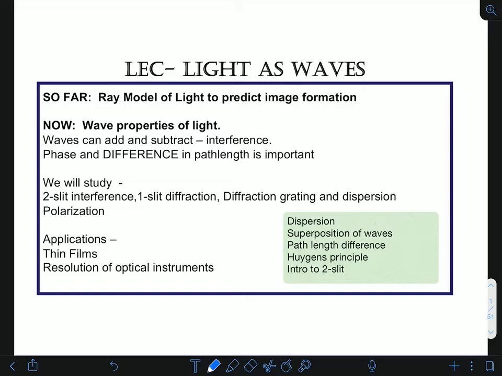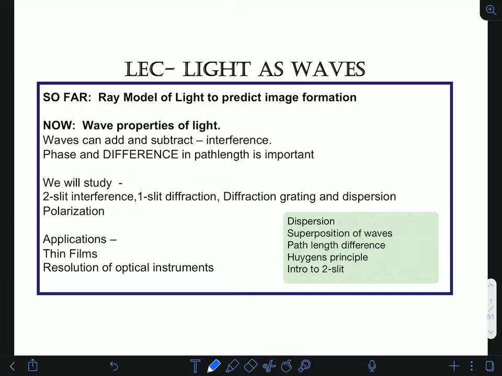So in this whole section of light as waves, we'll study interference, diffraction, and specific experiments of two-slit interference and one-slit diffraction, and then a diffraction grating, and talk about spectroscopy, and then also polarization.